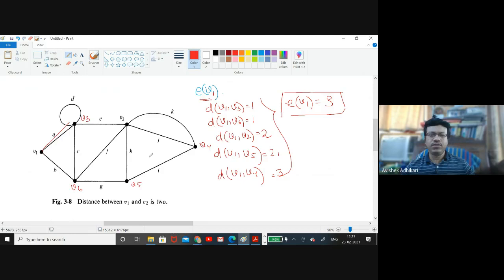So you need to check the eccentricity of all the remaining vertices. Okay. So I'll just give you somebody. Pratik, can you find the eccentricity of V2? Anubhav, could you find the eccentricity of V5?